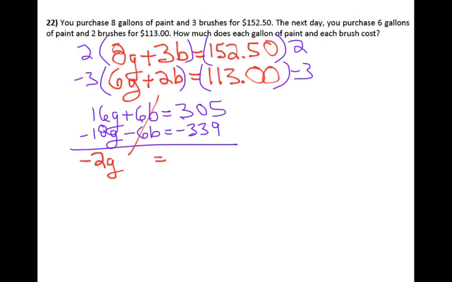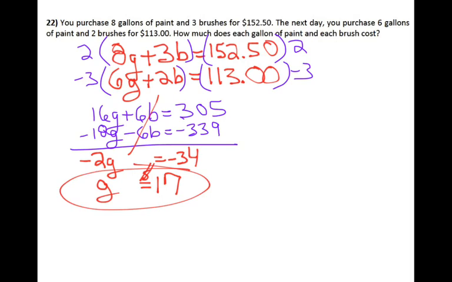Now when we add those together, we can tell the B's eliminate, so that will give us -2G equals -34. So we'll solve for G, and we'll get 17. So $17 for a gallon of paint, and then we would just go into any of the equations to figure out how much the brushes are. So probably need maybe a calculator for that one. I'm going to go into the bottom equation and plug in 6 times G, which is 17, plus 2B equals 113.